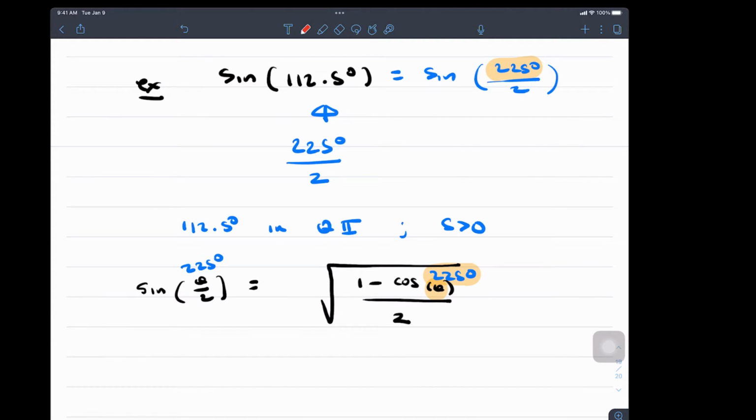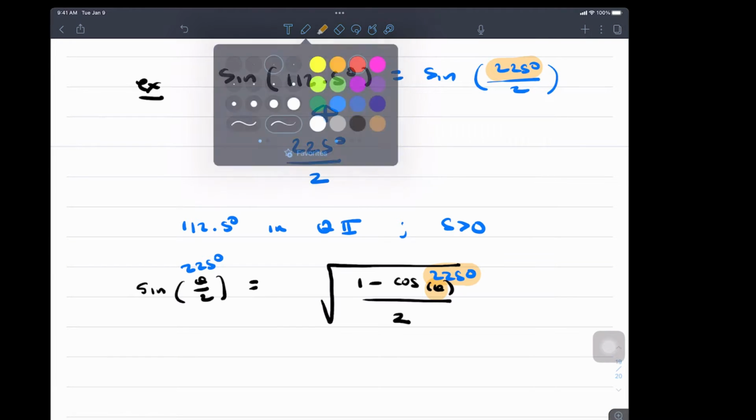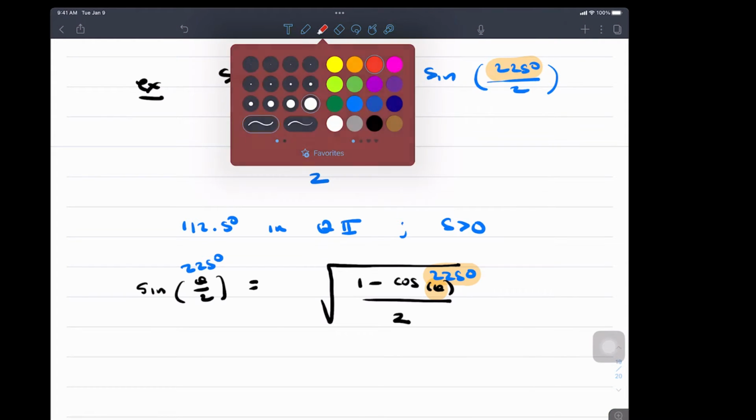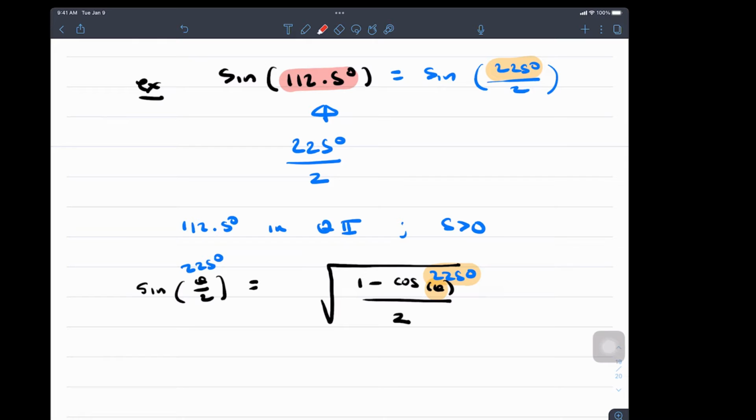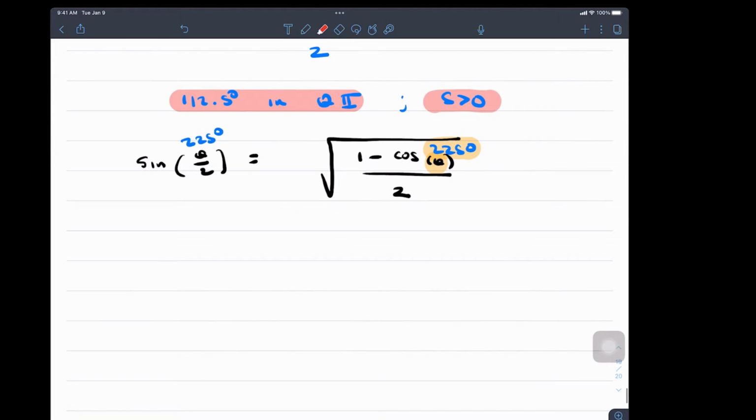Okay, ladies and gentlemen, double check to see, am I doing this okay? What do I mean by that? Where does the half angle live? How is that in quadrant 2? Sine's positive, is that right? So here's what you get.